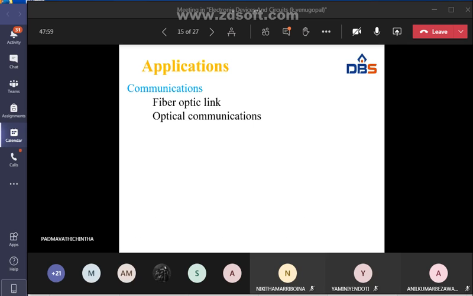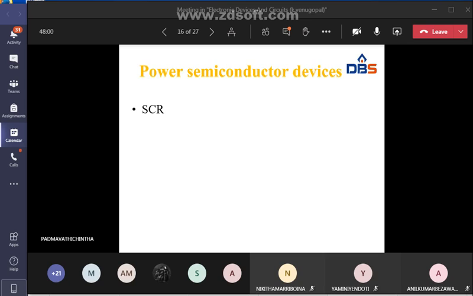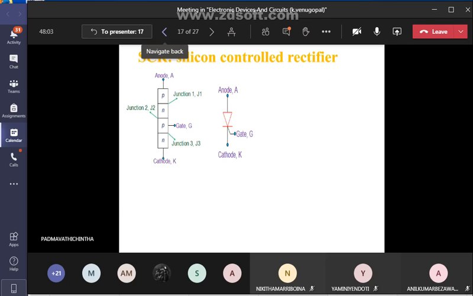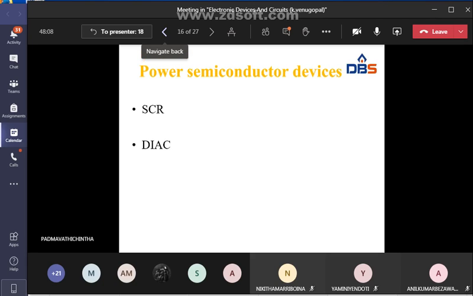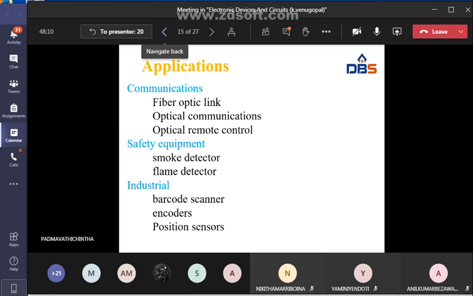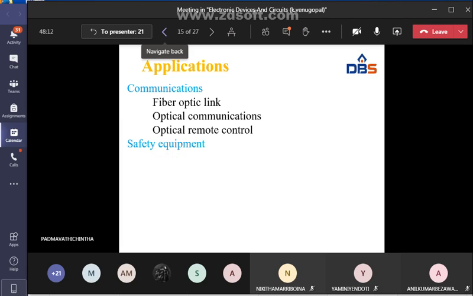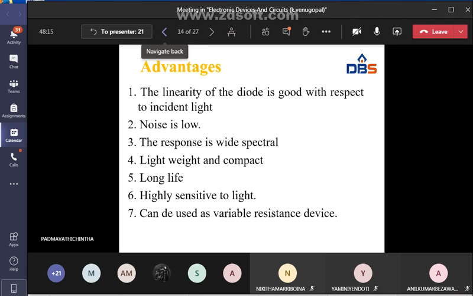The noise is low, the response is good, it is lightweight, has a long life, and is highly sensitive to light. These are the advantages of the photodiode.